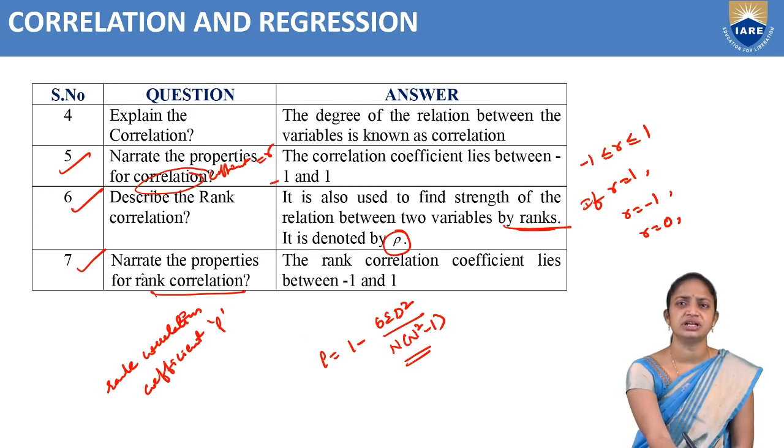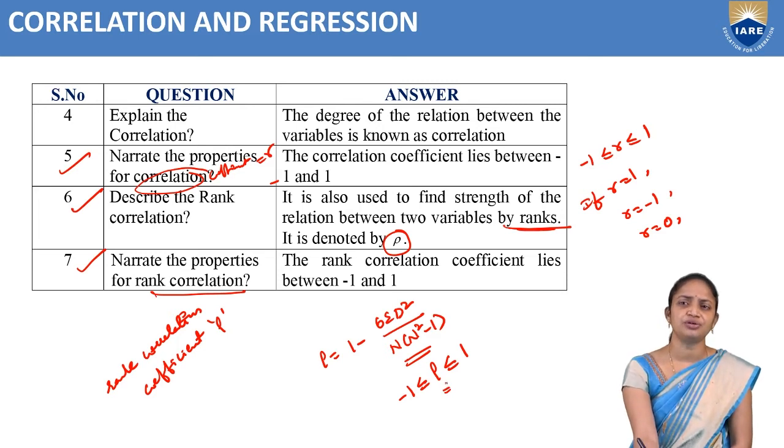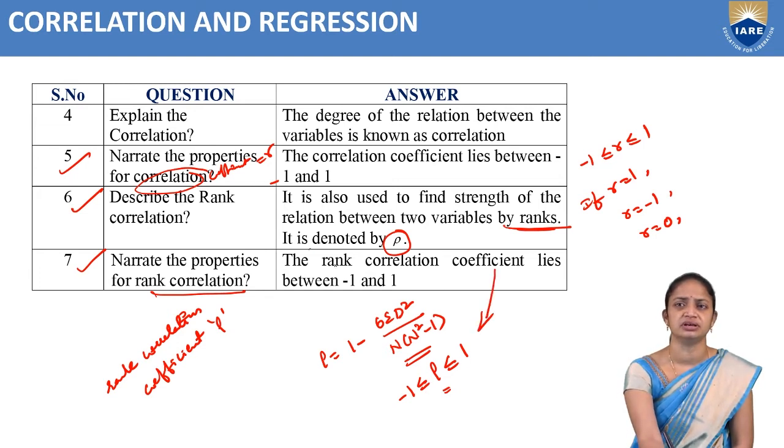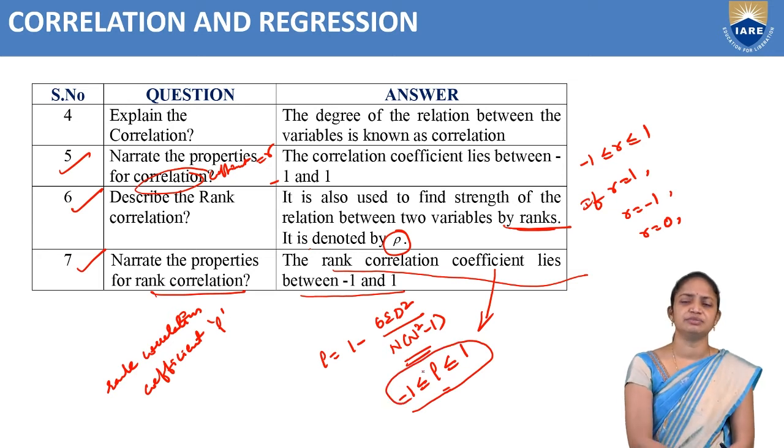The question is the properties of the rank correlation coefficient. The rank correlation coefficient rho always lies between minus 1 and 1, that is, minus 1 is less than or equal to rho, which is less than or equal to 1.